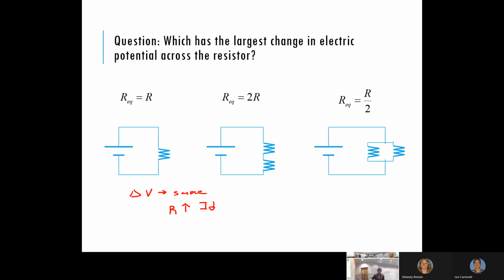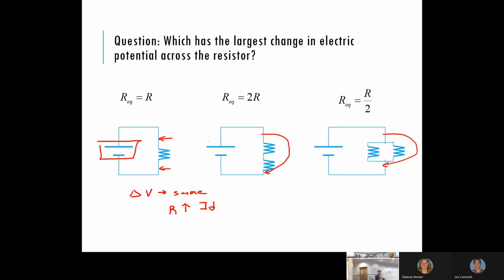Yeah. So for the electric potential one, all three batteries are the same. So the drop from one part of the resistor to the other part is all the same. So if I'm looking at the drop across the grouping of resistors, it's the same for all three because the batteries are the same.